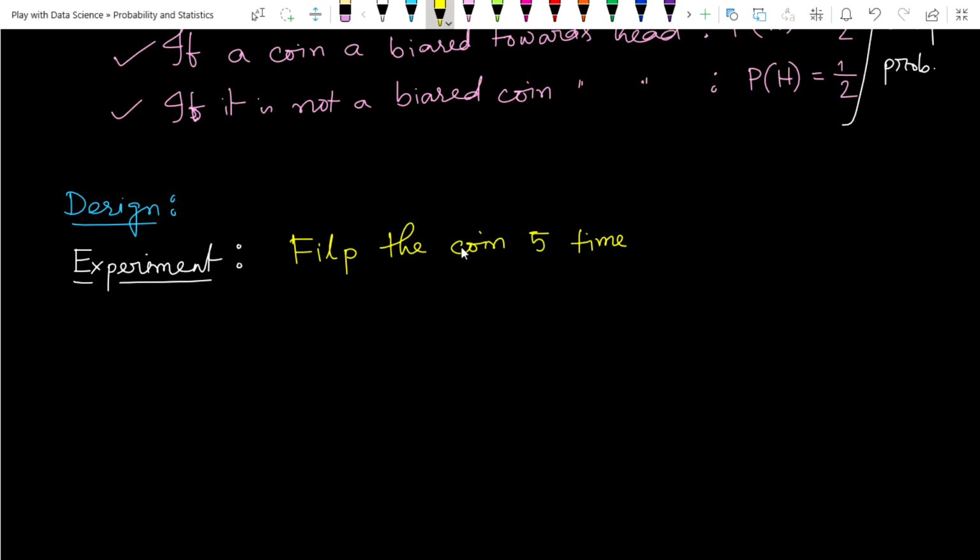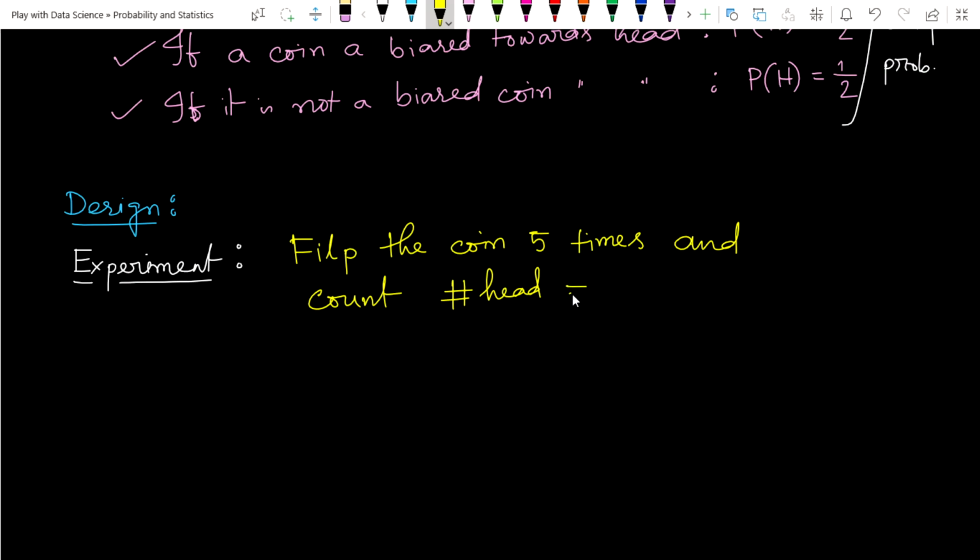First, let's take that we flip this coin 5 times, and after flipping, we count the number of heads that occur. On that experiment of 5 flips, we count how many times the head occurs.